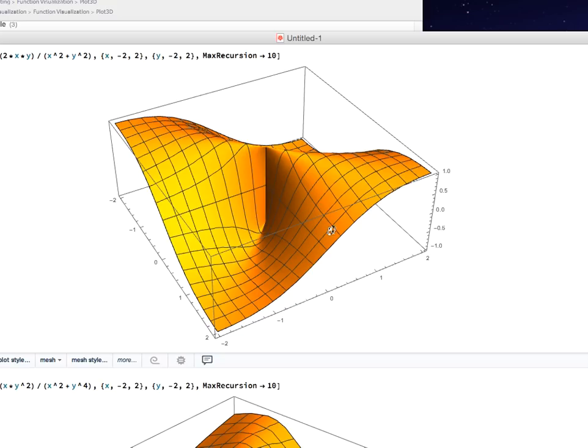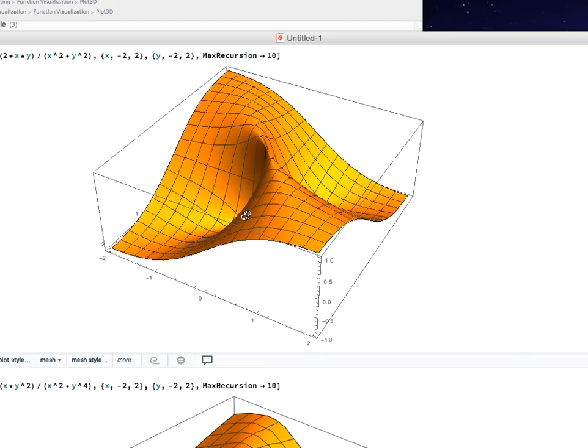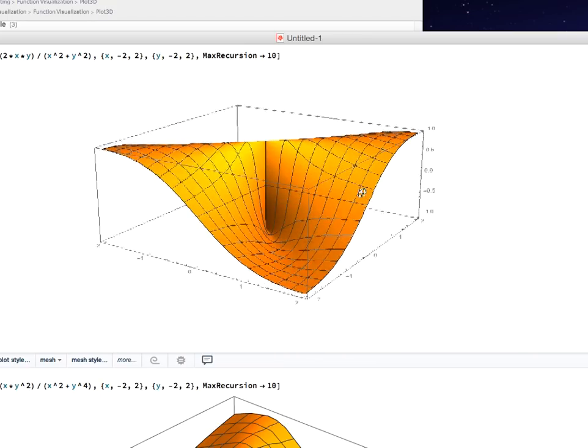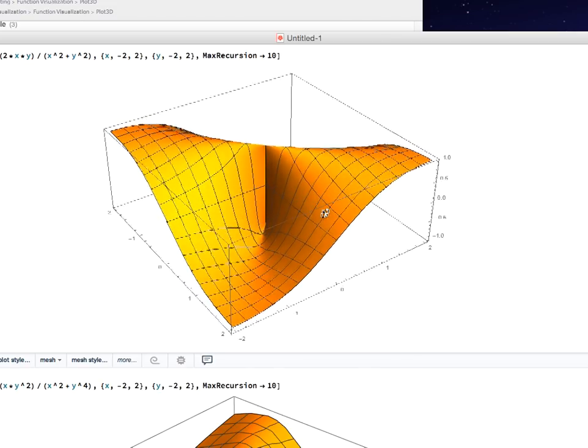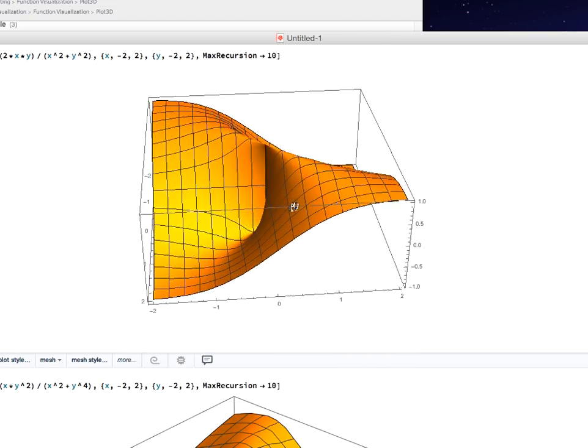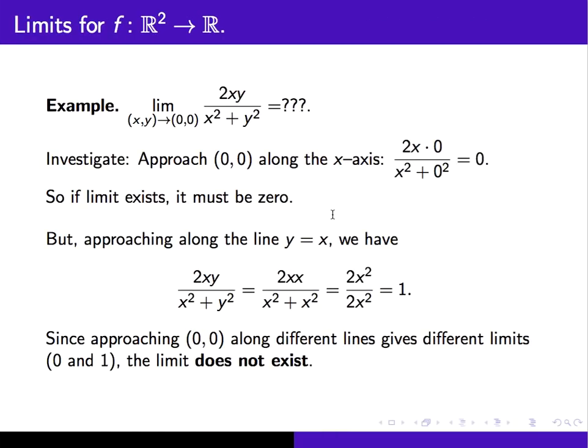Whereas along the x-axis, although it's hard to see, the function is identically equal to 0, as it is along the y-axis. So in this example, you can see from the graph some strange behavior near the origin that clearly indicates that this limit will not exist. And that's exactly what we see with this calculation.